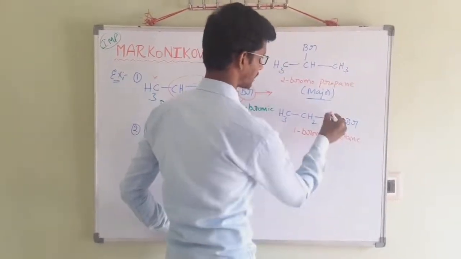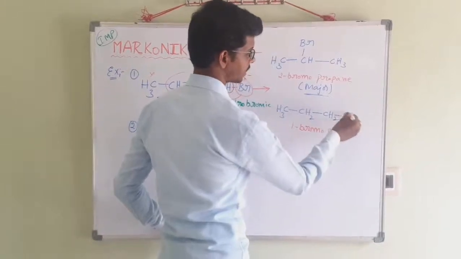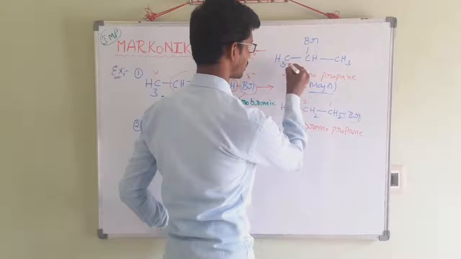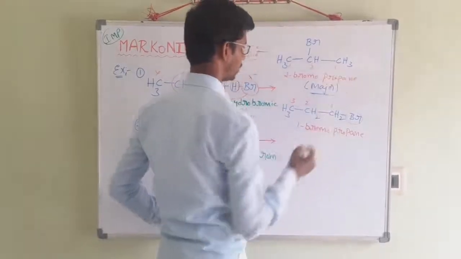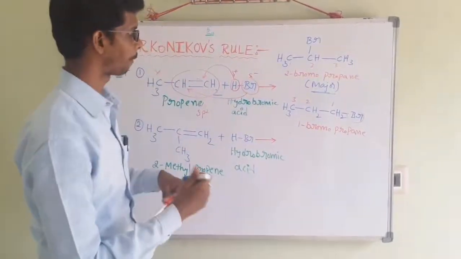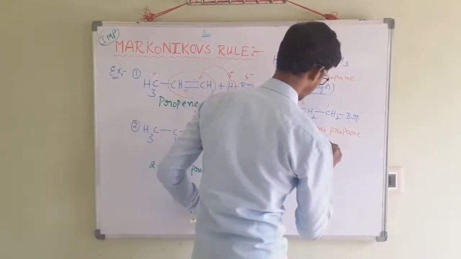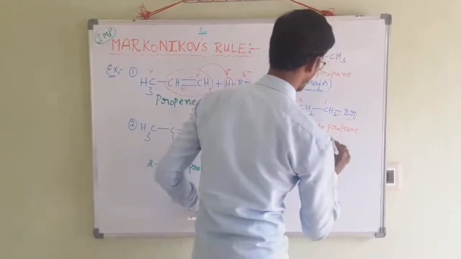Why? Because the numbering is started from the substituted carbon atom. 1, 2, 3. Here also 1, 2, 3. This is the minor product.